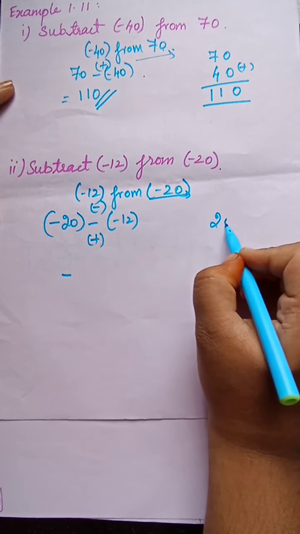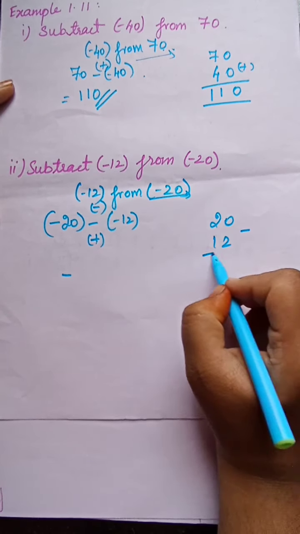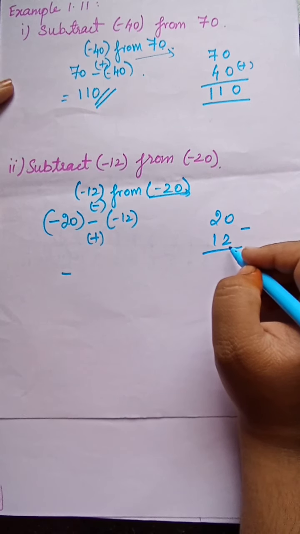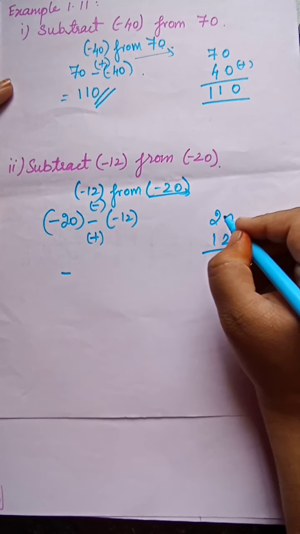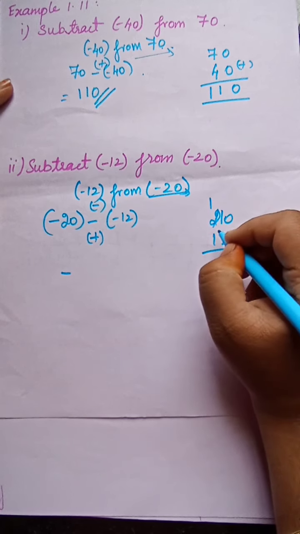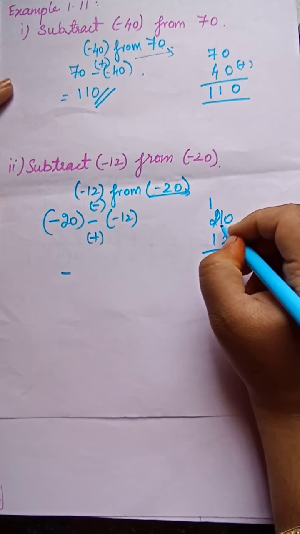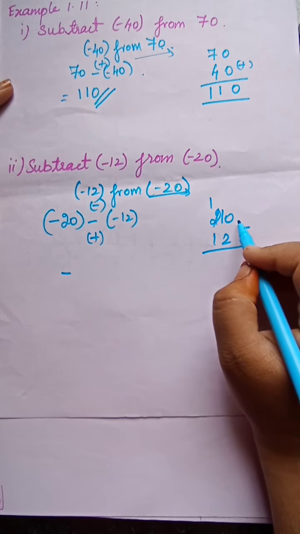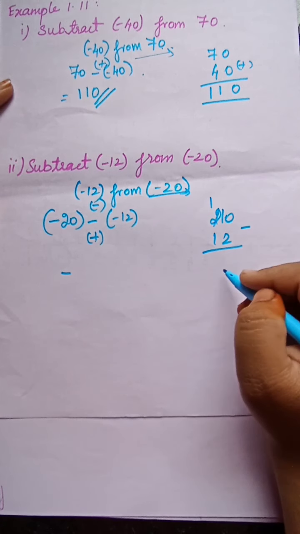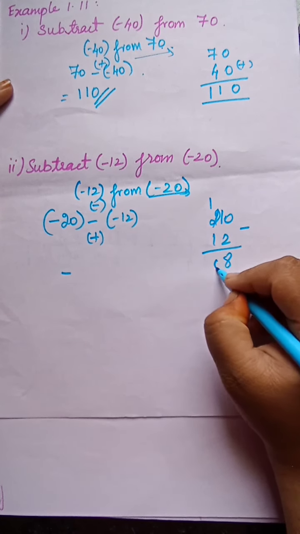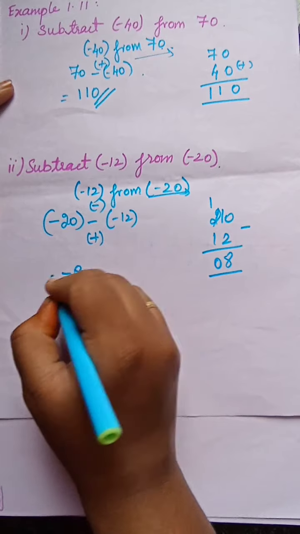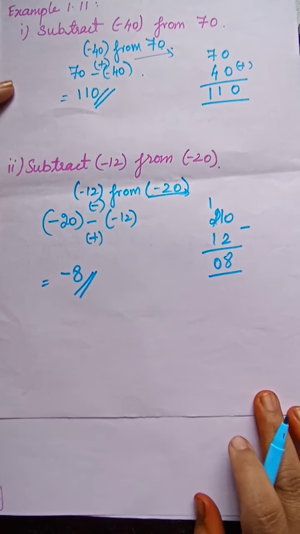So 20, 12. So while subtracting, what will happen? Here 0 minus 2 cannot be done, so we have to borrow from the previous number. So if you borrow, 2 will be converted to 1 and here 1 will be added. So that is 10 minus 2 is 8. 1 minus 1, 0. So your answer will be 8. That is minus 8 will be our answer.